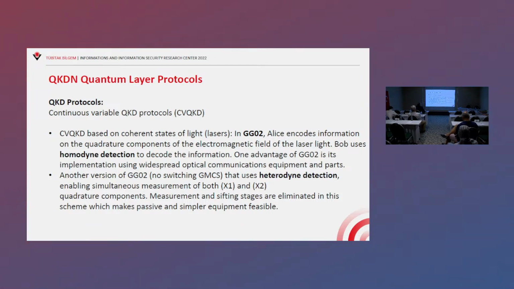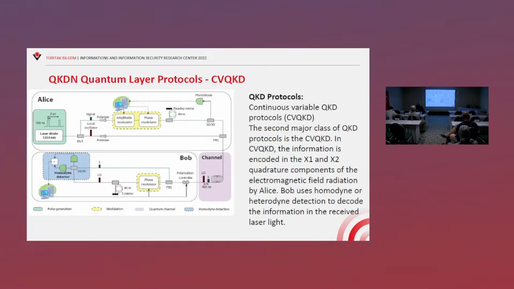The information is encoded on the quadrature components of the laser beam. This is a typical implementation of such a protocol. There is a laser source and encoding, the quantum channel is in this case a fiber channel, and the homodyne detector.